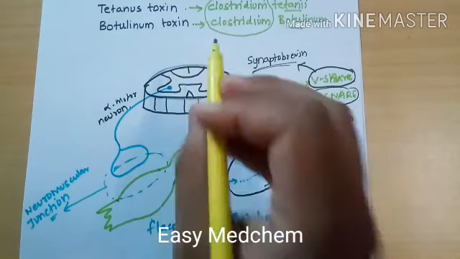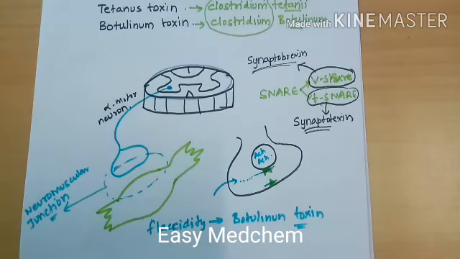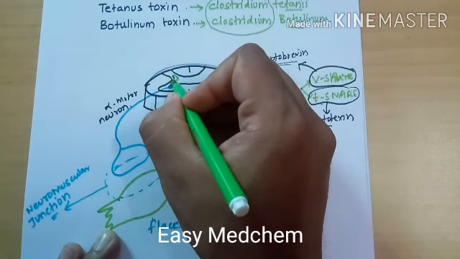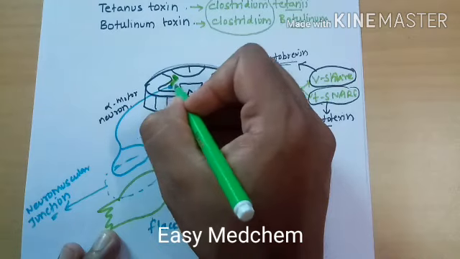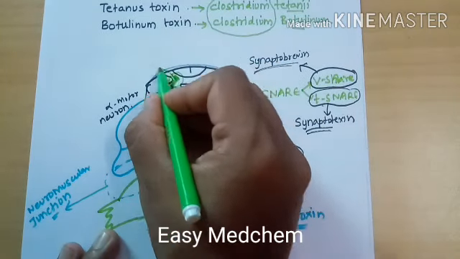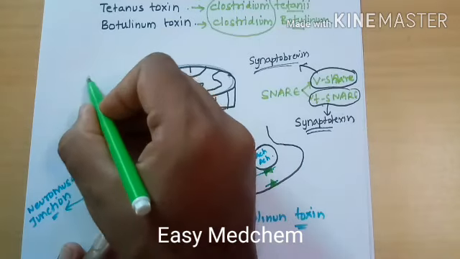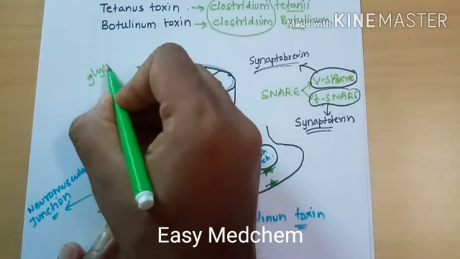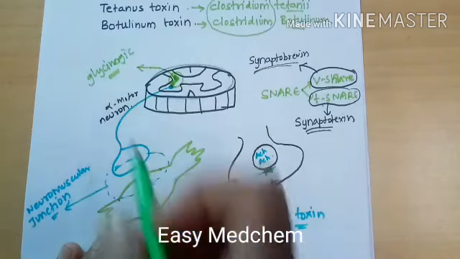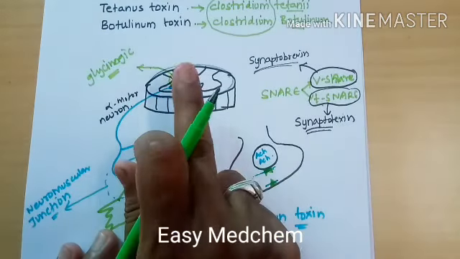So here we have another neuron which is present at the level of the spinal cord. This neuron is a glycinergic neuron. So the neurotransmitter which is present in this neuron is glycine.